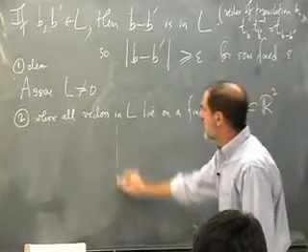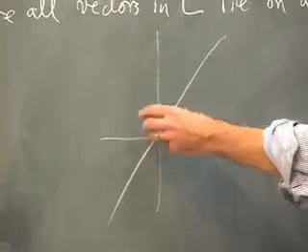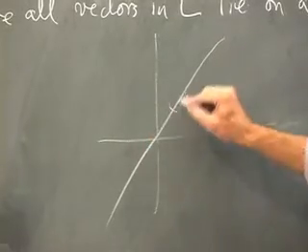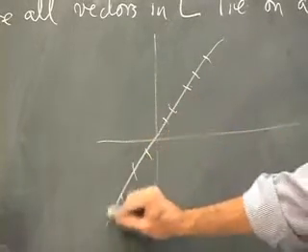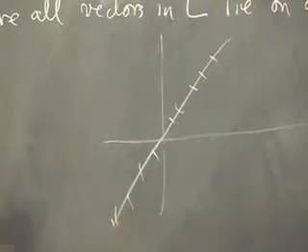I mean, either they lie on a line or they don't. And 0 is the simplest case, where they span a 0-dimensional space. Here they would all be vectors somewhere on a line. Okay? Now we let b be the vector on that line which is closest to the origin.